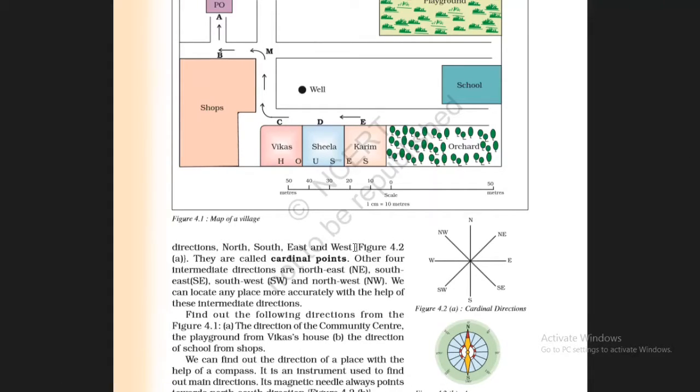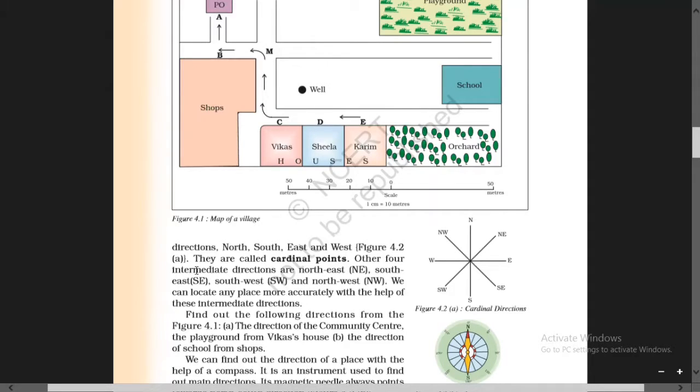If you stand facing towards the sunrise, your back side is west. Then, east and west you got, and north and south you will get like this.